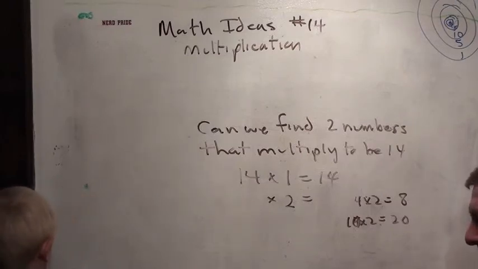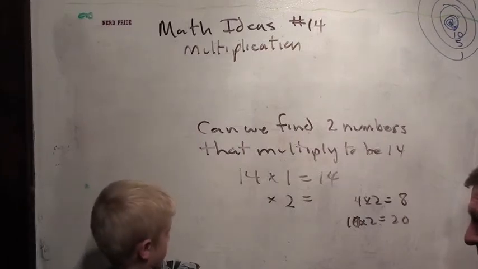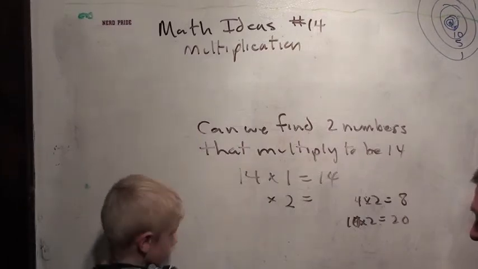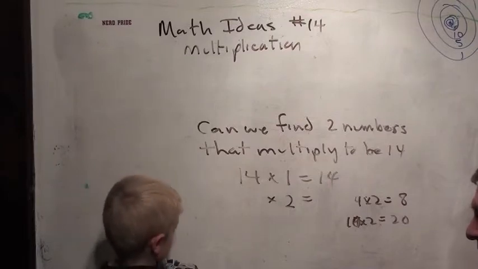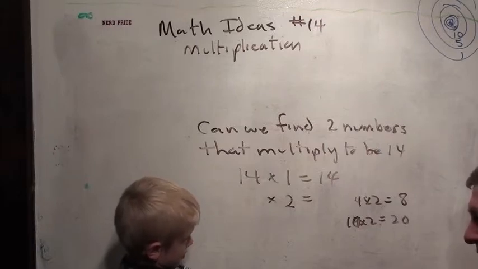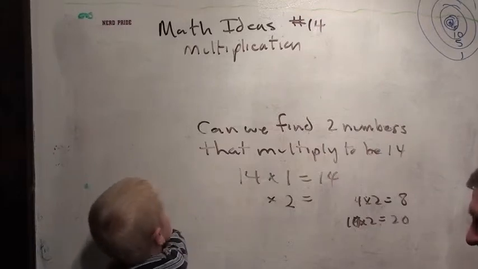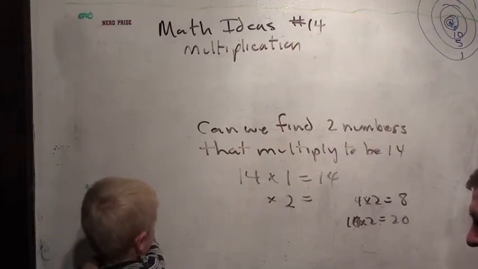What do you want to try next? It was close. It's close, yeah. So we gotta try something lower than 16. We tried 10, we tried 9, we tried 8. What do you want to try next? 4.